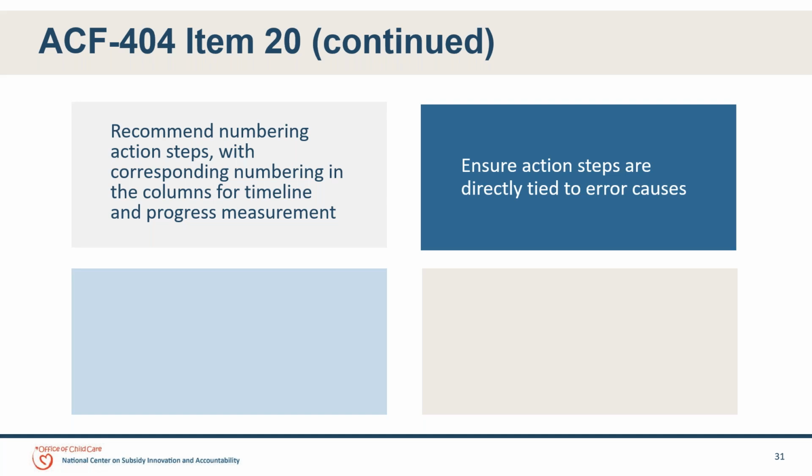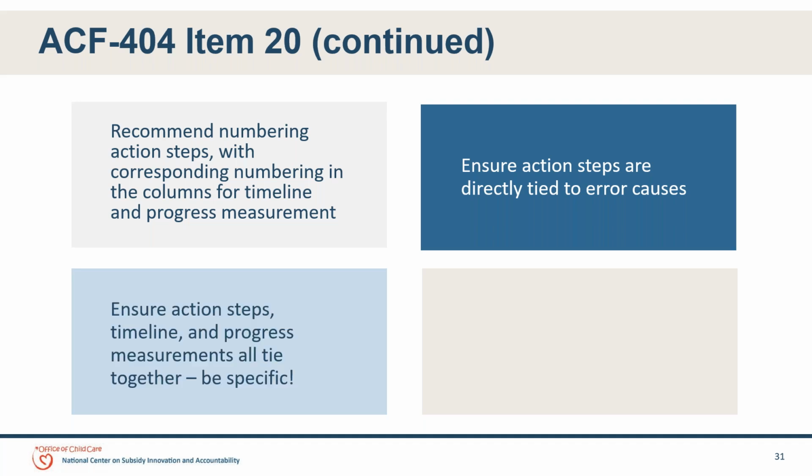Just ensure that your action steps are directly tied to the error cause. And ensure that your timeline and progress measurements all tie back to your action steps and error cause. So try to be as specific as possible.